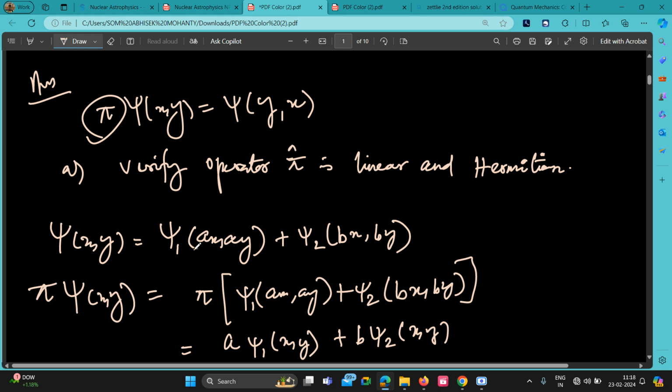And how do we know that this operator is Hermitian?